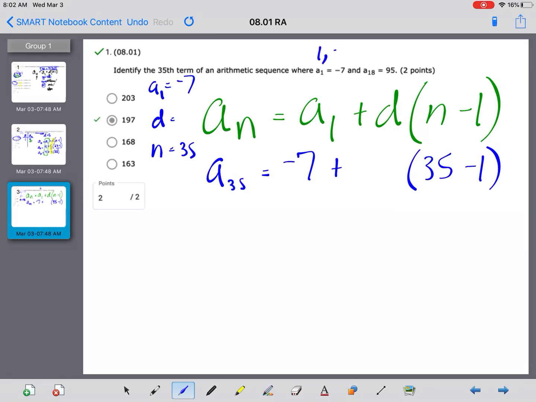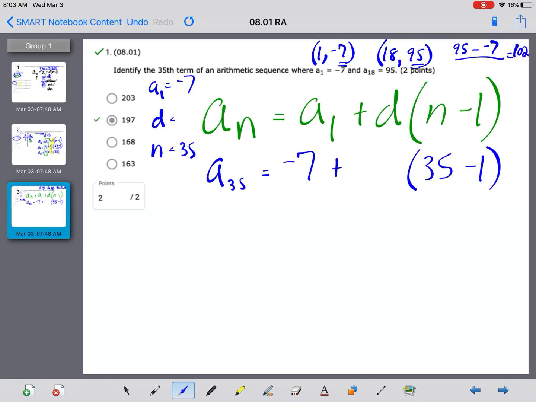And so you can really think of this as slope. Like your first term is negative 7. Your 18th term is 95. So you take 95 minus negative 7. If you think this is a temperature change, we're going from negative 7 to 95 degrees. That's a huge change.